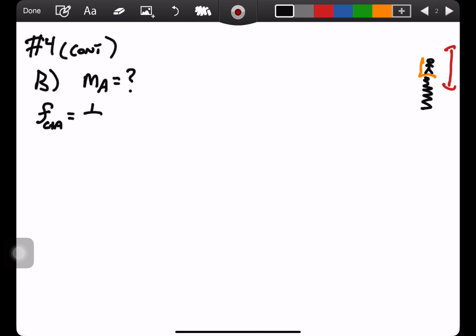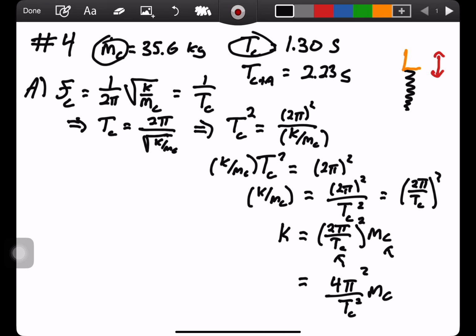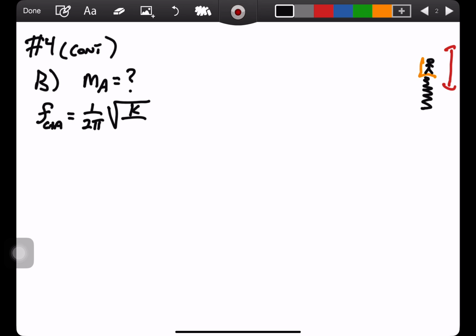And again, you can look up this equation for simple harmonic motion in your equation sheet that you have on exams. And so this k, remember, we already solved for in part A, so that's going to be helpful for us. This right here is the k. And so we have to make sure that we account for both the mass of the chair plus the mass of the astronaut now.